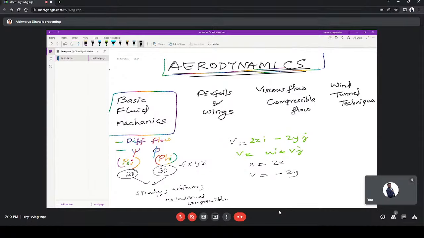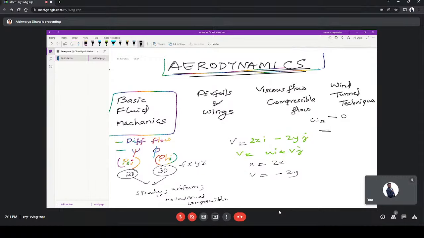Right? Now, how can we identify this? There are many ways. One way is to find wz, the angular velocity along the z direction. If it is 0, that means the flow is irrotational.